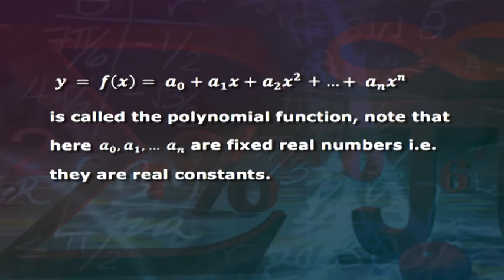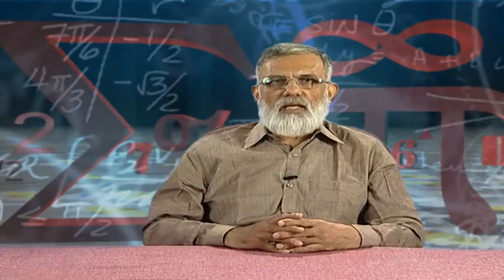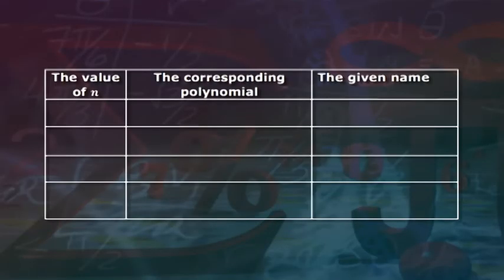Note that here a0, a1, up to an are fixed real numbers, that is, they are real constants. Depending on the different values of n, the functions that we get are given definite names. These names are summarized in the table.